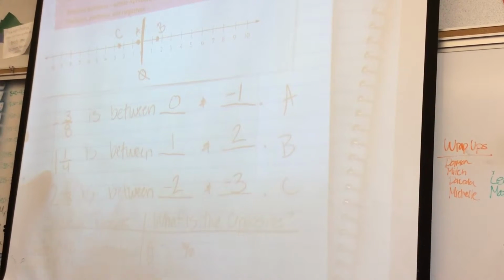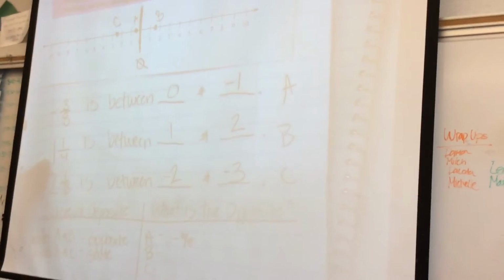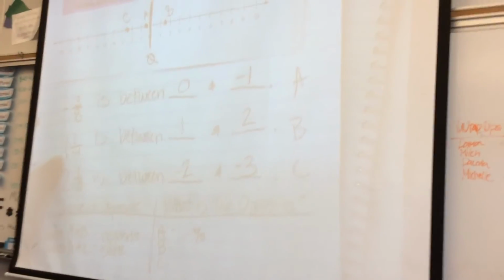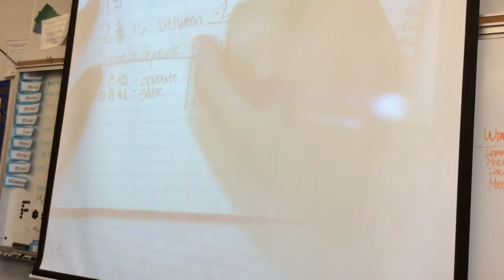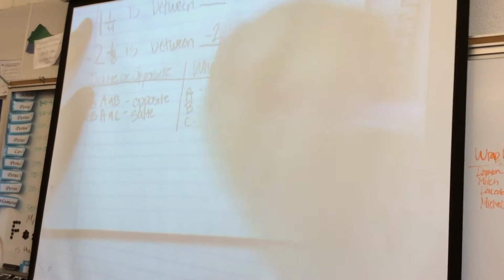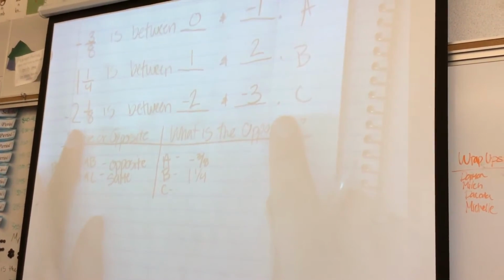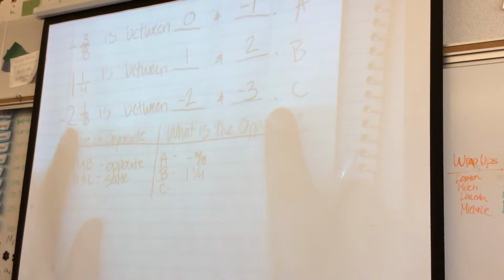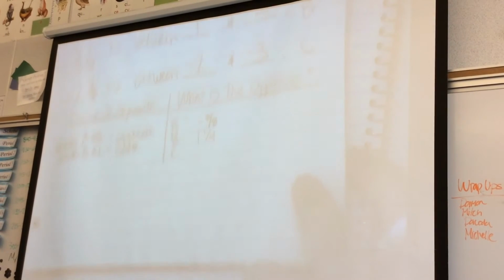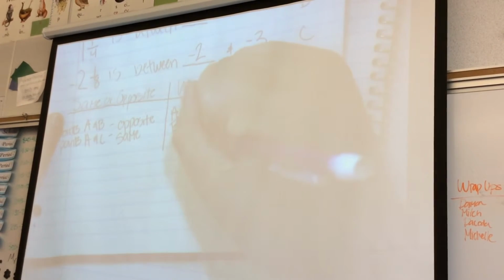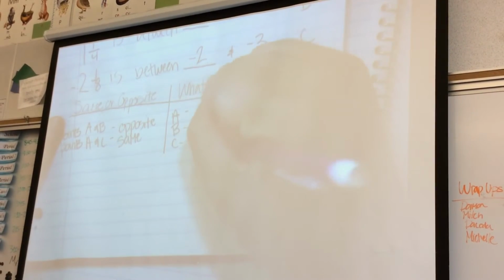Negative 1 1/4? Oh, that's weird. I didn't see a negative. I'm sorry. Point B is what? 1 1/4. Okay, so it's positive 1 1/4. And then finally, point C is what? 2 1/8. Is it positive or negative? Negative. Negative 2 1/8.